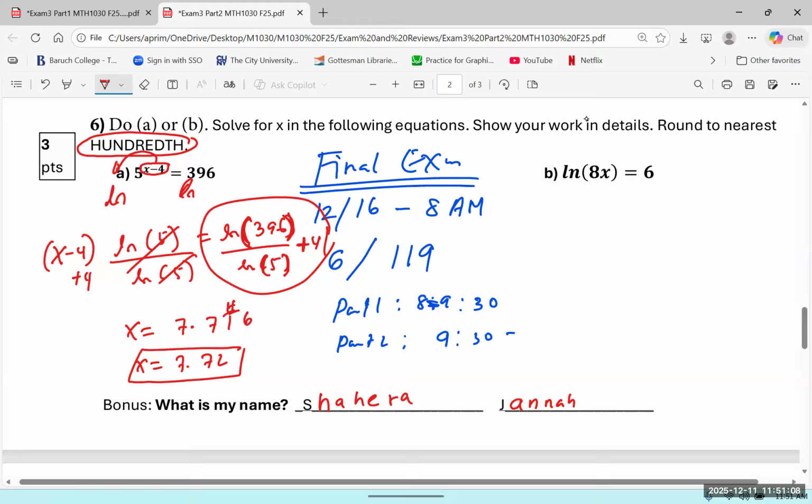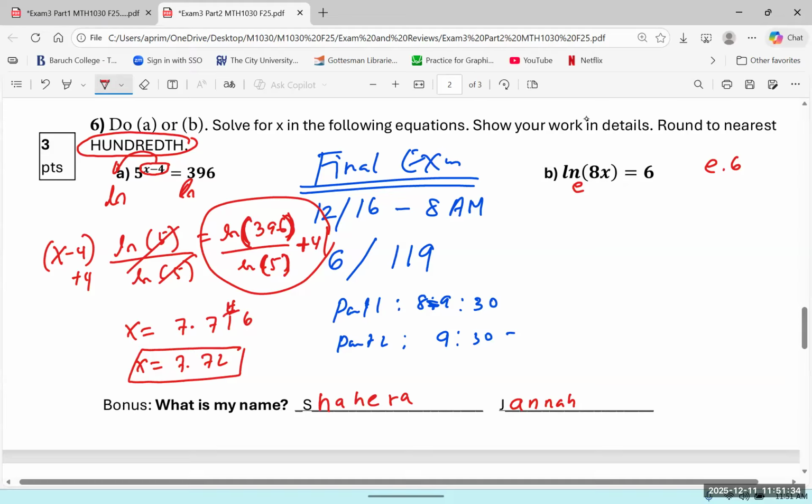For the next one, what I taught in class is that we have an invisible e here. So convert this log into exponential. And I showed you this method so that you don't make the mistake you made in your exam. What many people did in the exam was they knew they had to apply e to both sides, and they didn't know, do you multiply e with the 6 or do you raise it to the power?